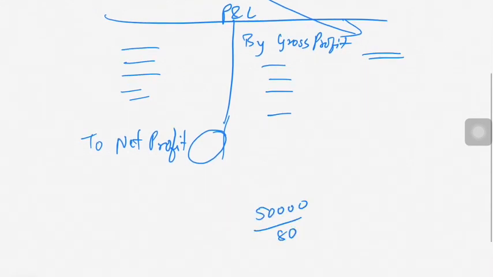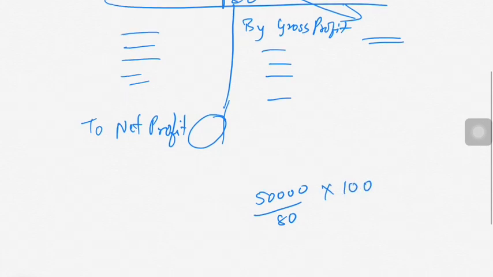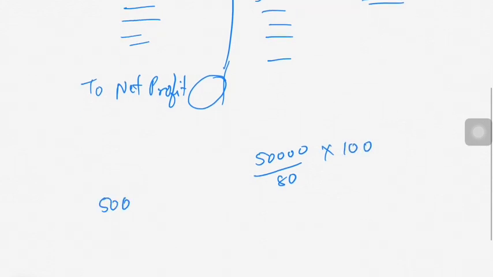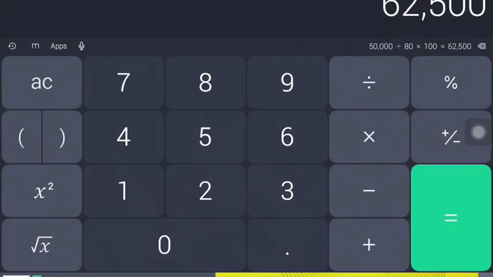So 50,000 divided by 80 into 100 is equal to 62,500, right?